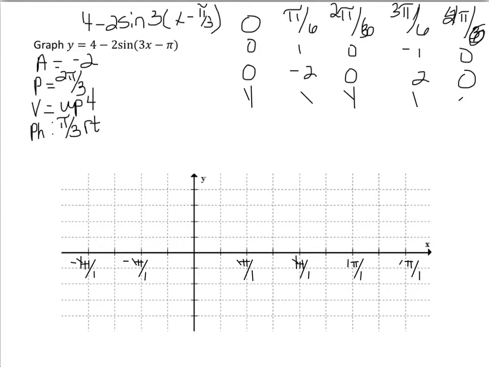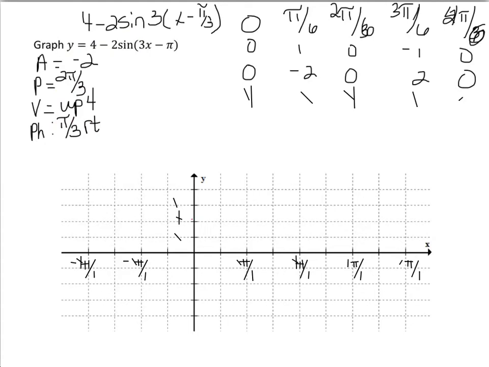And I will plot this whole thing first without the phase shift. Then I will add the phase shift to it. So looking at the values that I need to be working with, we'll call this 2, 4, 6. So we're at 0, 4.